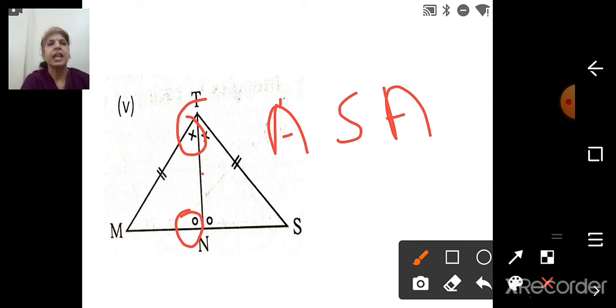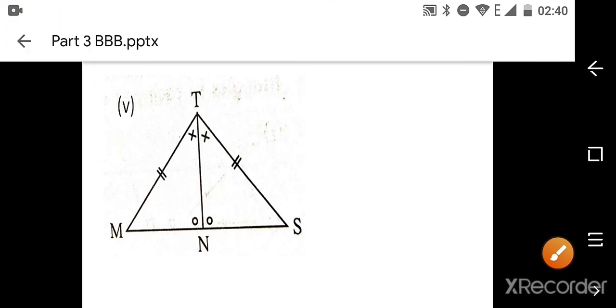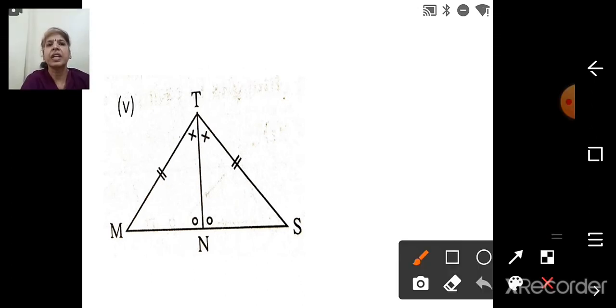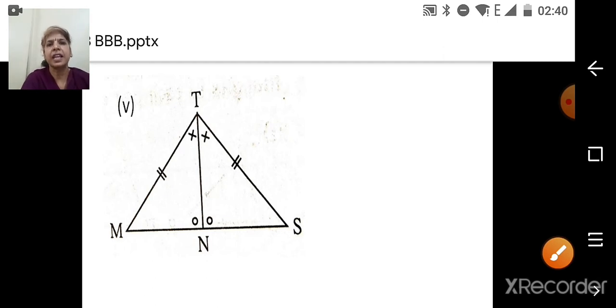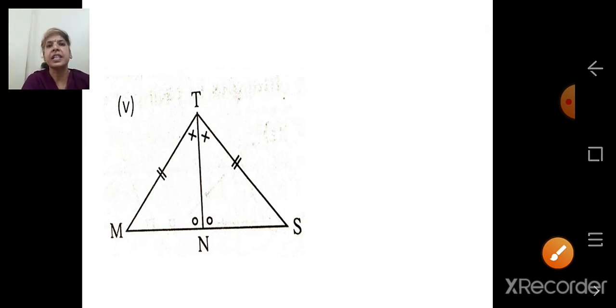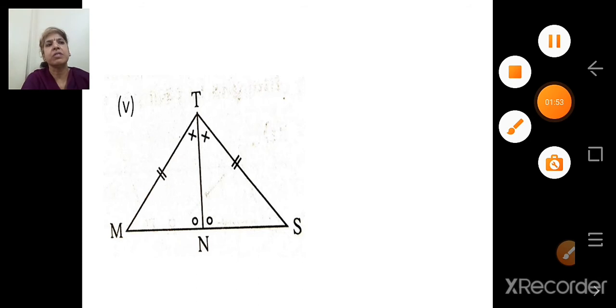And another test we can take is side, angle, side. Right? This is the common side. So here, children, 3 tests are given. Let's see the solution.